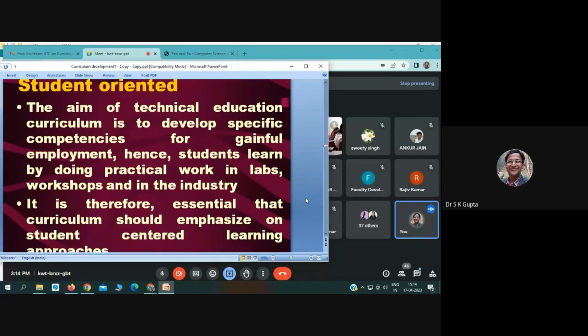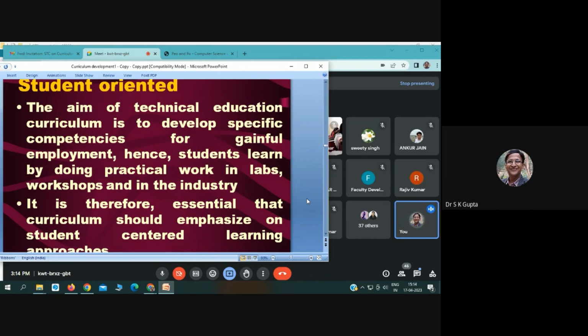Sometimes teachers say that whatever I know, that should be included in the curriculum. But we have to prepare our students for the employment, for the industry. So whatever requirements of the industries or our society are there, that should be included in the curriculum as per the level of the program.